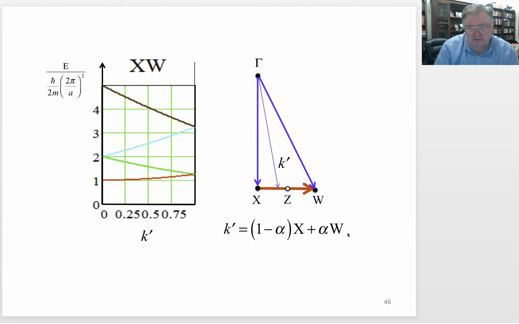When alpha is equal to 0, I get this vector. When alpha is equal to 1, I get that vector. For values of alpha in between, I run along this line right here.